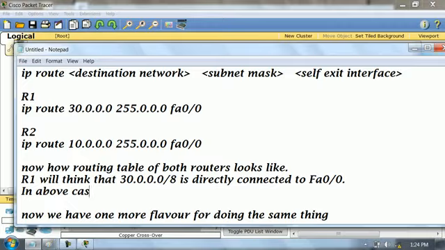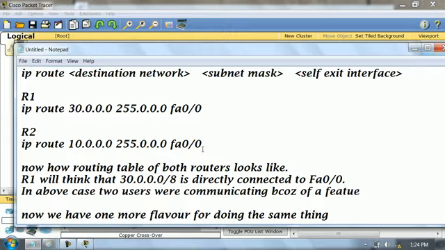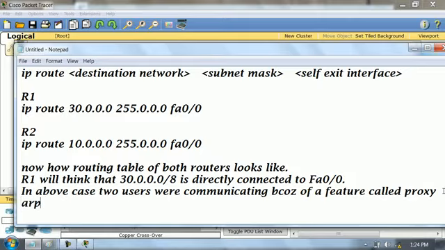In above case, two users were communicating because of a feature called proxy ARP.